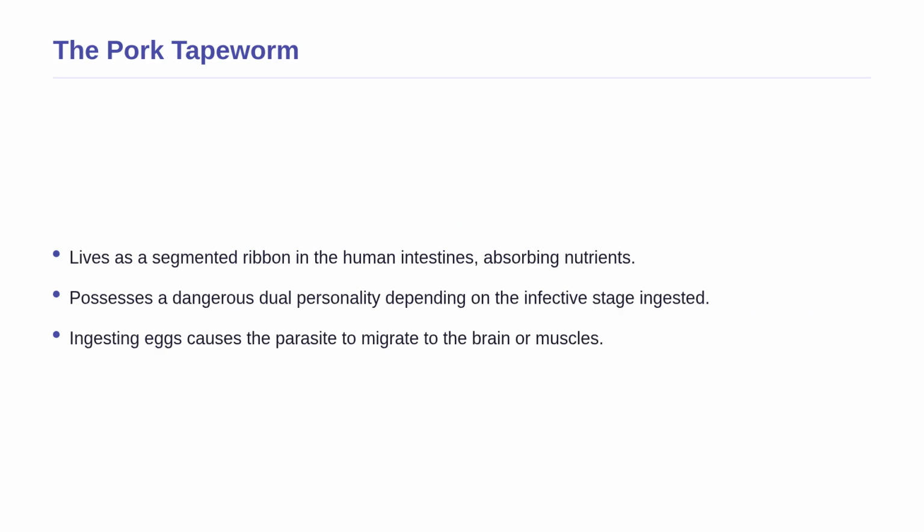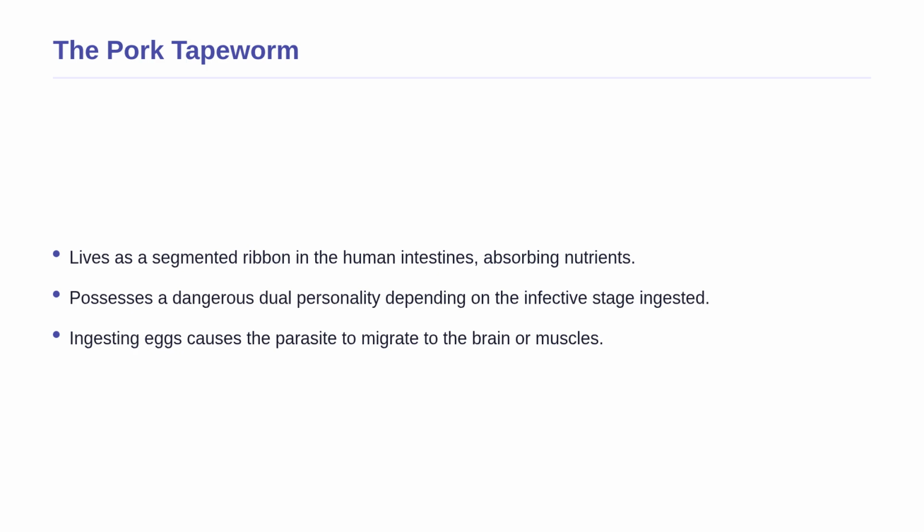To begin our journey, imagine a long, segmented ribbon living quietly inside your intestines, absorbing the nutrients from the food you eat. This is the classic behavior of a tapeworm. However, Taenia solium, commonly known as the pork tapeworm, has a much darker and more dangerous secret.